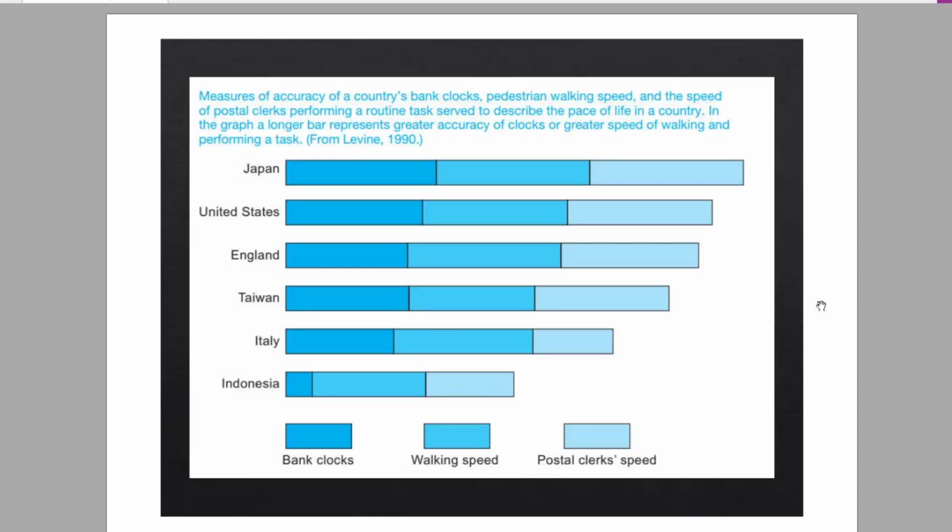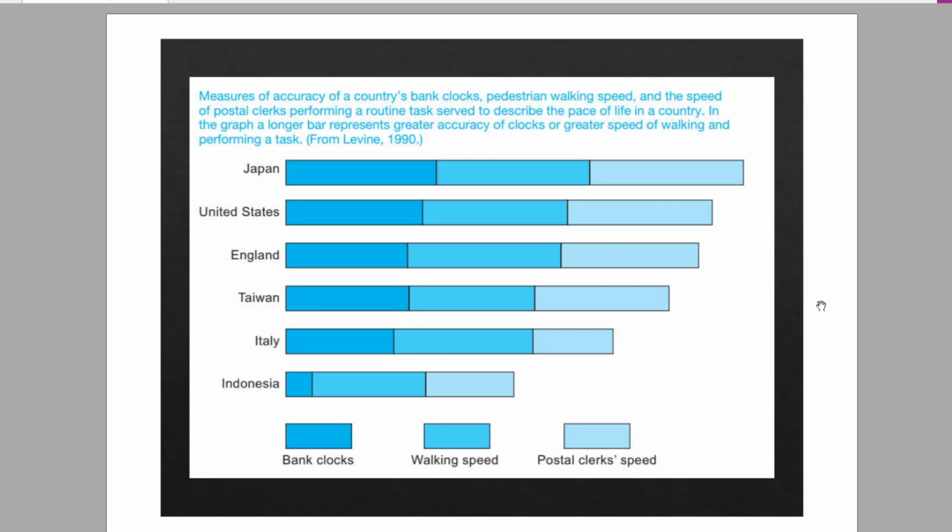So this was what I was talking about, to give an example. This is looking at walking speed in different countries, postal clerk speed in processing their daily work, and bank clocks, and looking at the accuracy and speed of performing tasks.